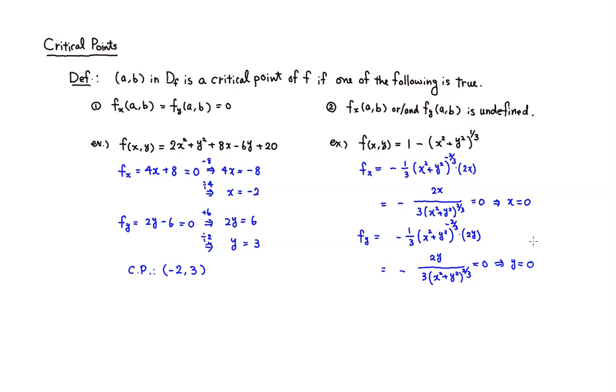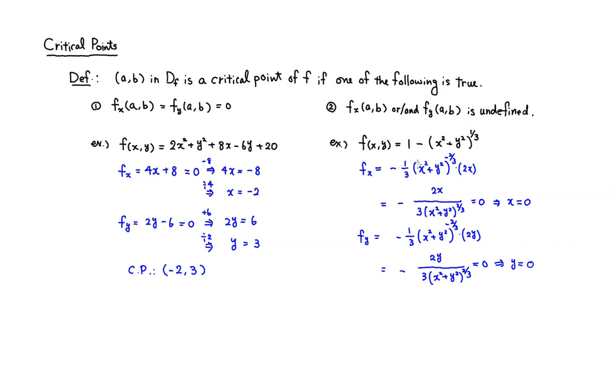It's very tempting to say that 0 comma 0 is the critical point of the first kind, because we set the partial derivative equal to 0. But we have to look a little more carefully. At 0 comma 0, the partial derivative actually does not exist. If you put x equals 0 and y equals 0, the denominator becomes 0.